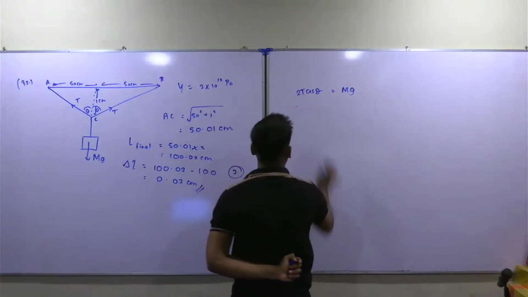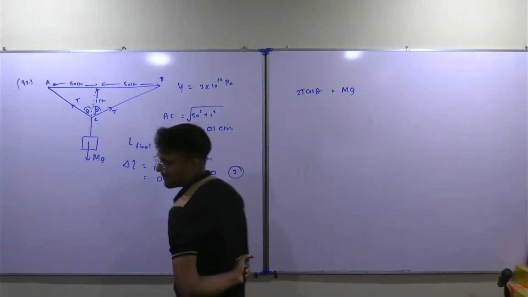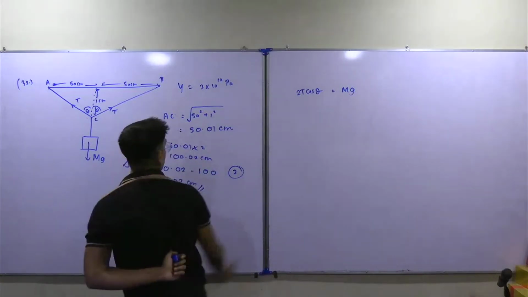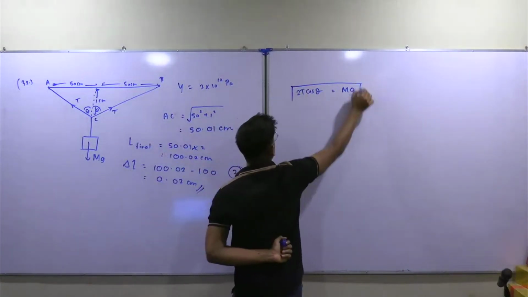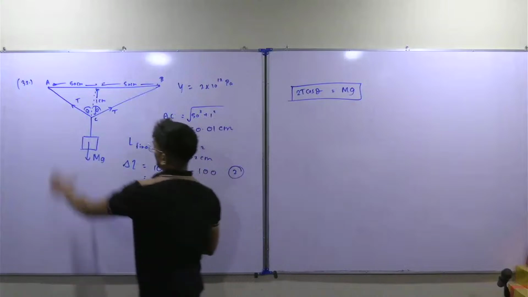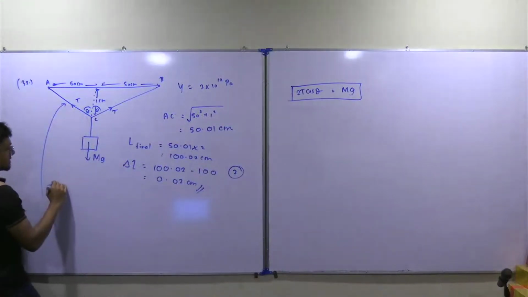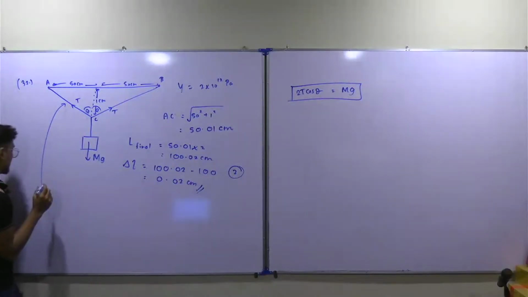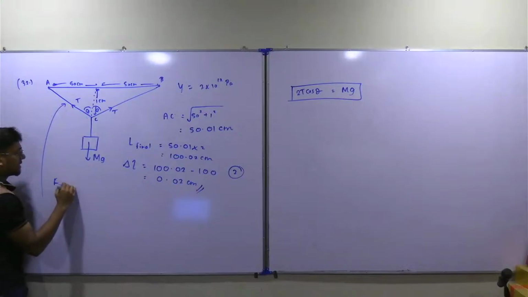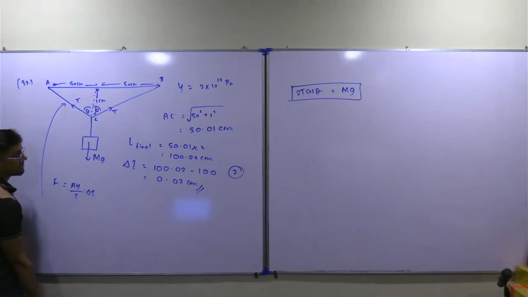Now, how to find this T? Is there a method to find this tension, the tension in this wire? There is a method. Can you remember? In elasticity, you have been told that F equals AY over initial length times the extension, right?